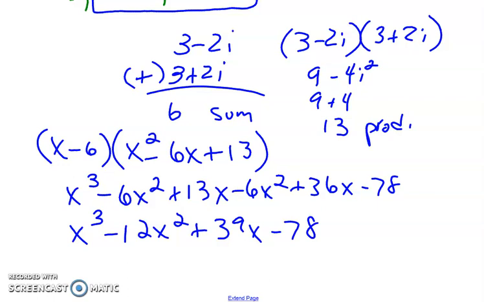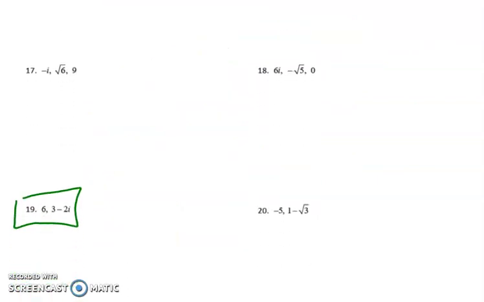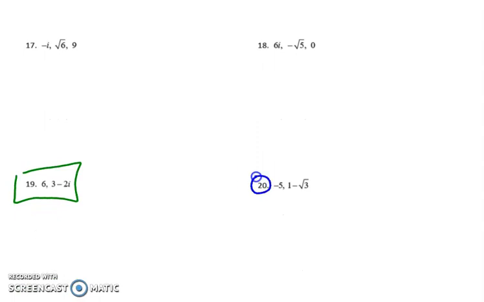Well, let's look at number 20. Number 20, again, we'll go to a separate page. We have x is negative 5, 1 minus the square root of 3, and we're going to also have 1 plus the square root of 3.